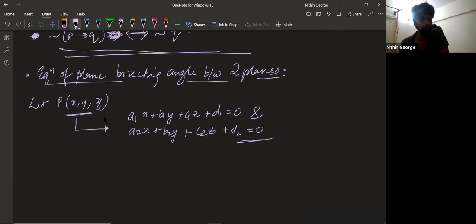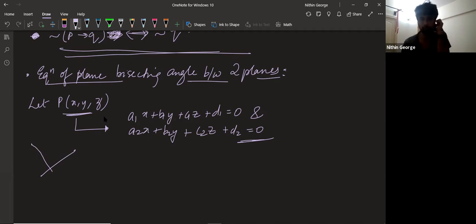Remember what we did with the line? If you have two planes, I'll take the line version of it: two planes coming out of the screen.